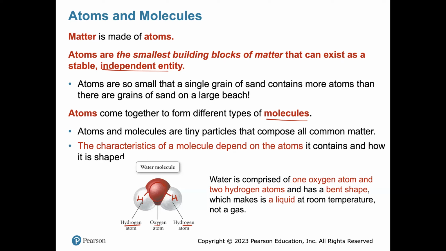The water molecule actually has a bent shape, with a bond angle of about 109 degrees. This is determined by the electronic structure of oxygen and hydrogen, the atoms water is made of, which determines its shape and its physical properties.